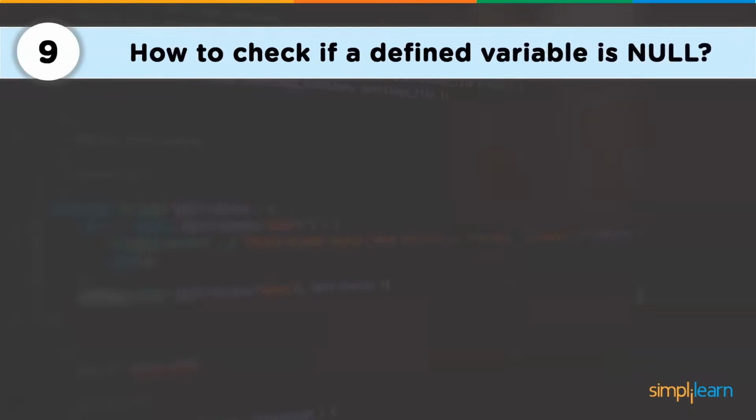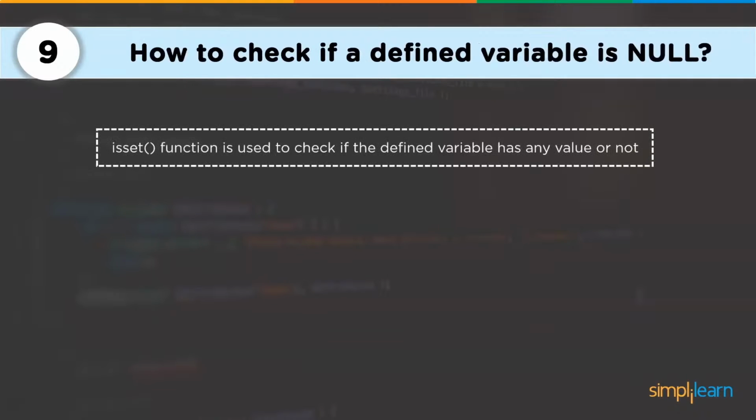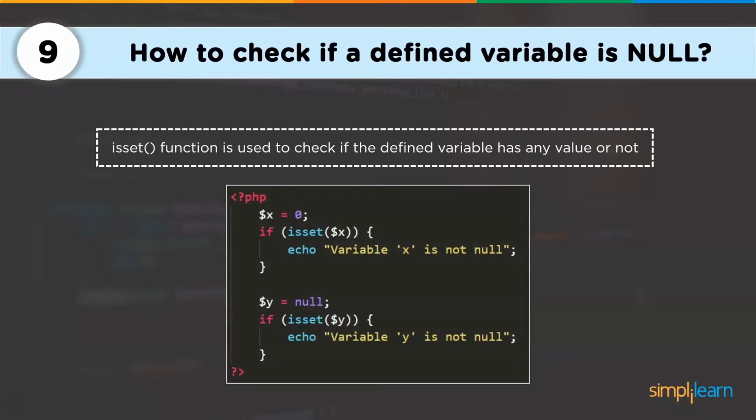Moving on, how to check if a defined variable is null or not. So the isset function is used to check if the defined variable has any value or not. Suppose you have this block of code in front of you, and you want to check if this x variable that you've defined is null or not.